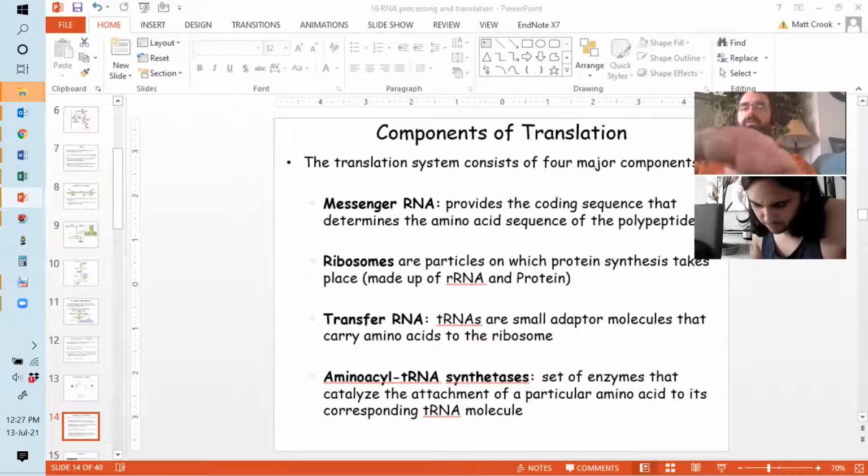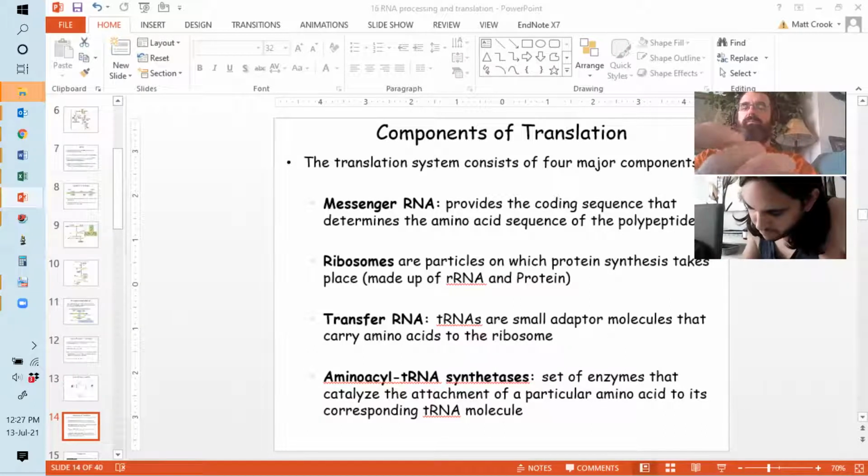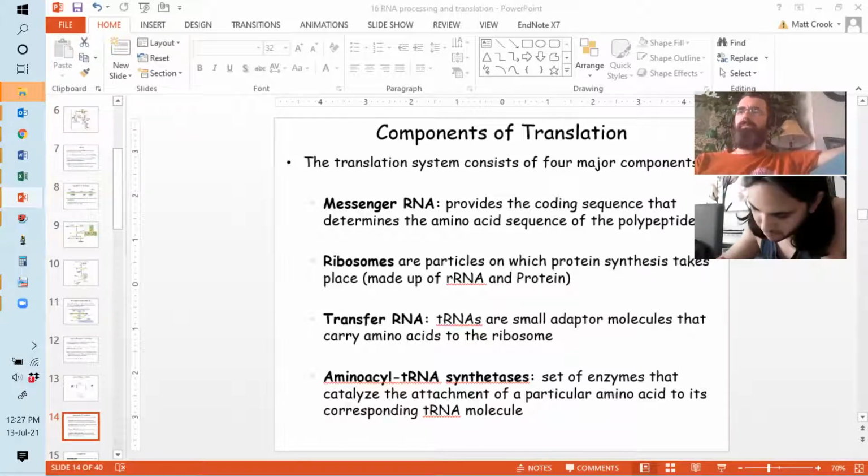So we've also got another word, which is a cool one. Ribozyme is an RNA that functions as an enzyme. A good example of that is ribosomal RNA or rRNA. There's usually a couple of different ones per ribosome, a big one and a small one, basically.